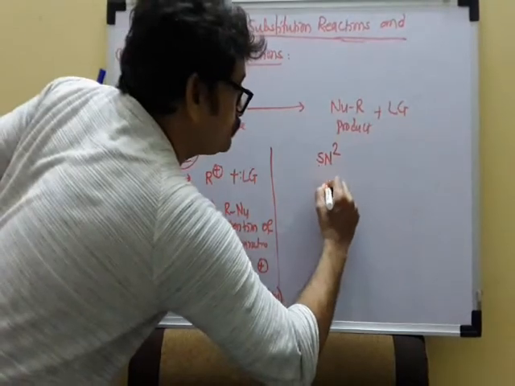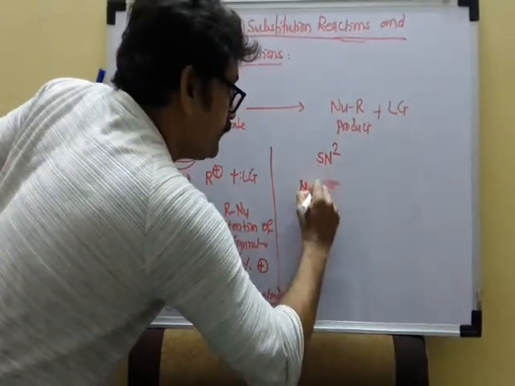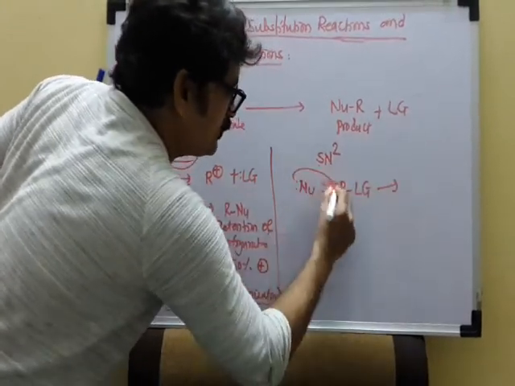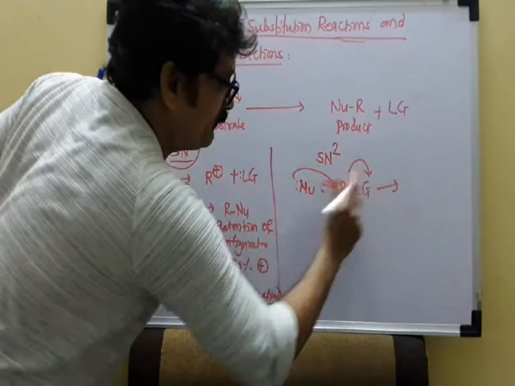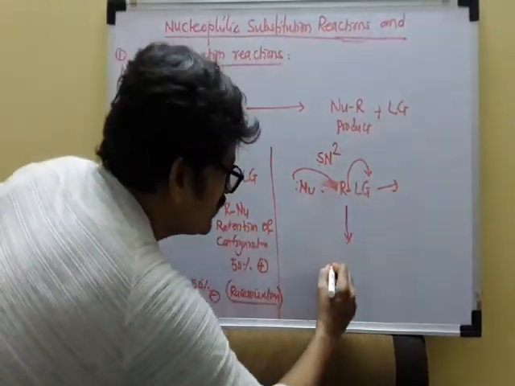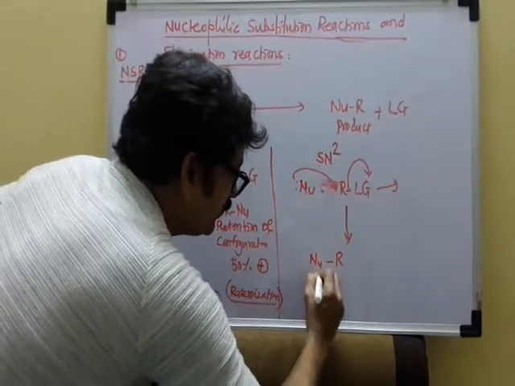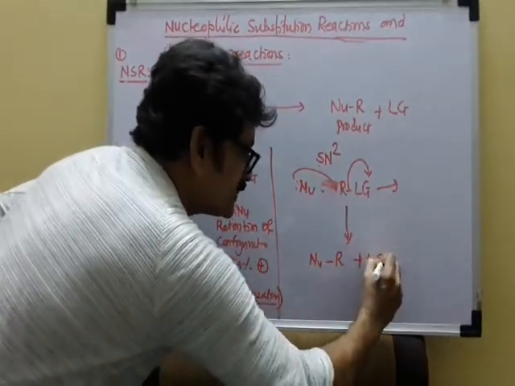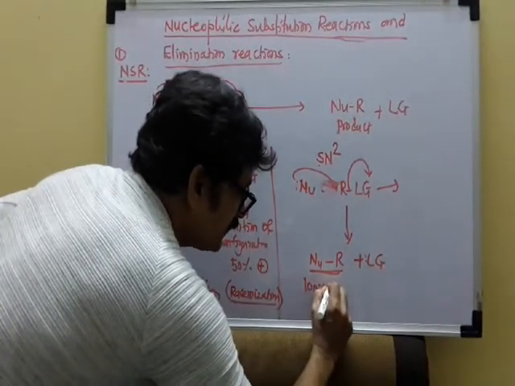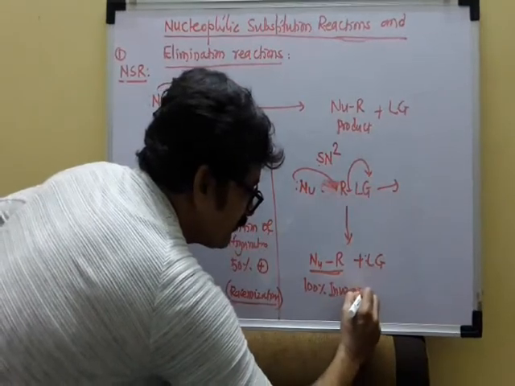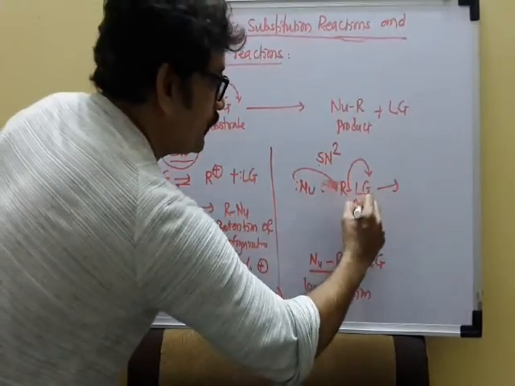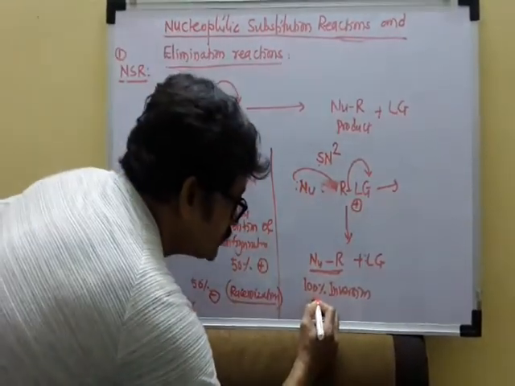What happens in SN2? The nucleophile always goes from the back side, opposite to the leaving group, and simultaneously forms a bond with the carbon while the leaving group goes away. So we always get 100% inversion of configuration. If the starting material is plus or D, then this product is minus.